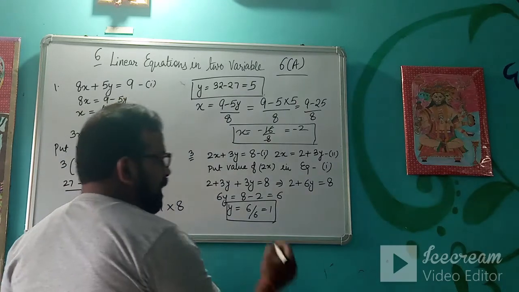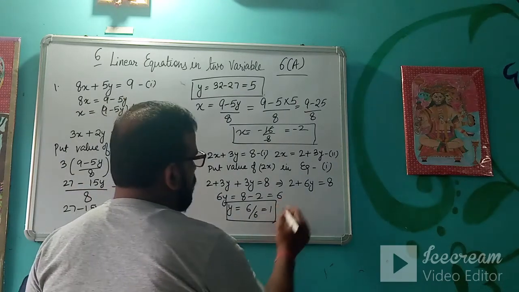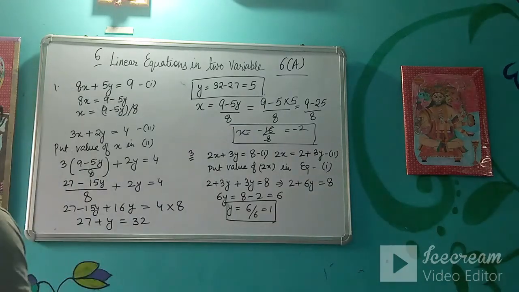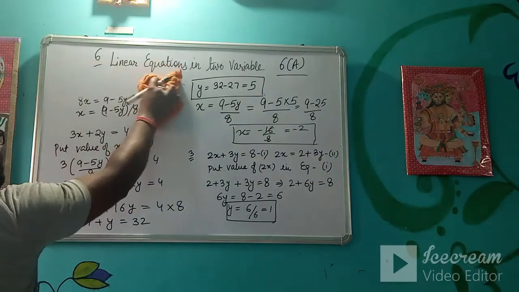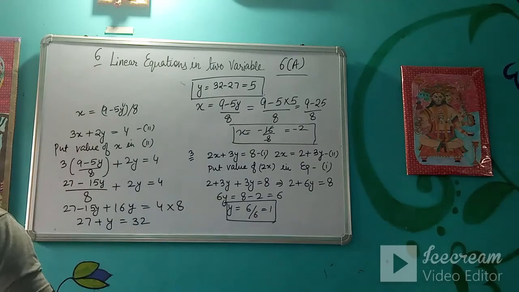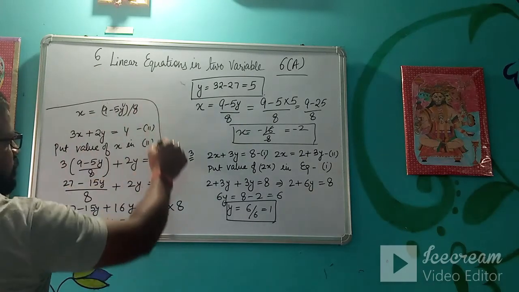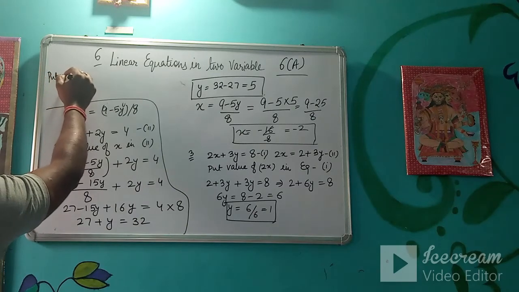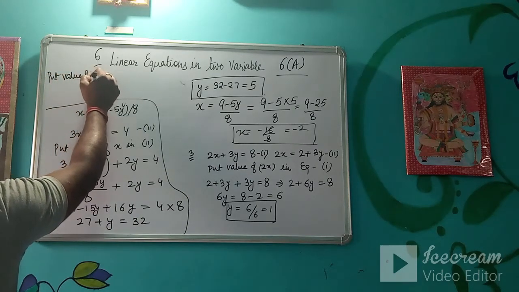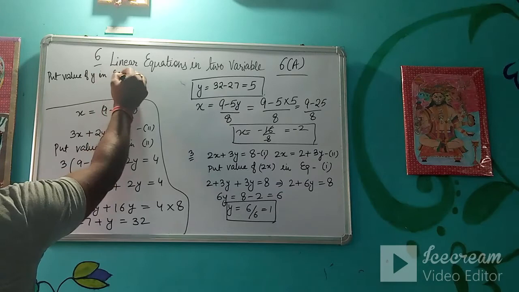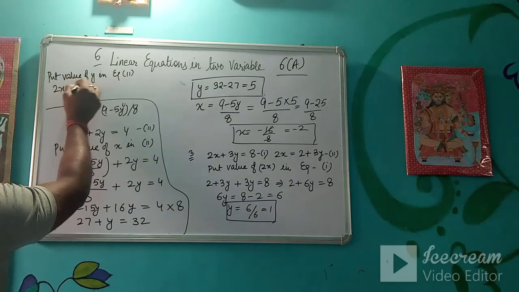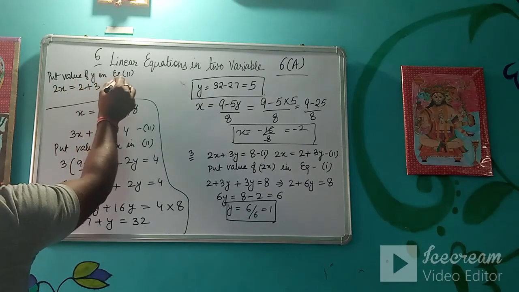Now in order to find the value of x, what can we do? I will put the value of y in equation 2. So what will we get? 2x equal to 2 plus 3, that is 5.